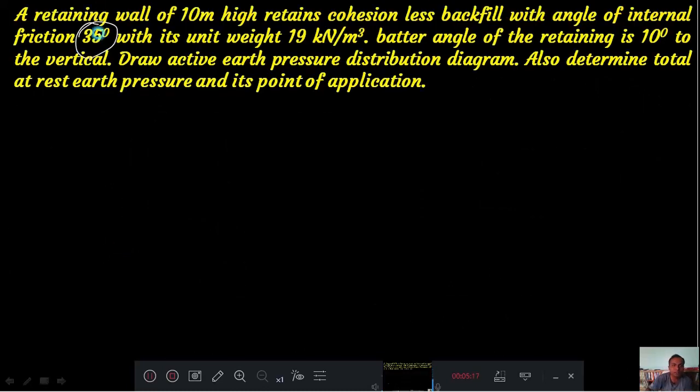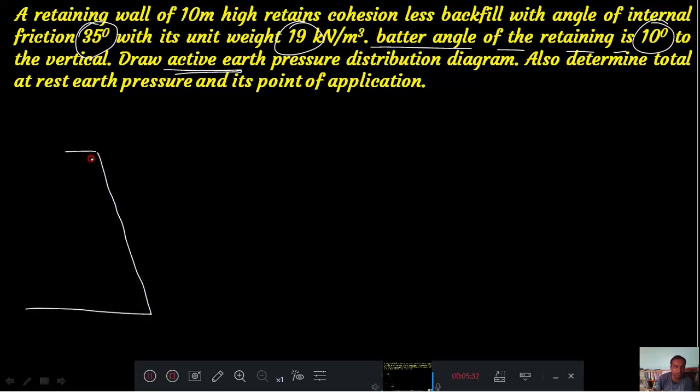This is the 35 degree and 19 kilonewton. Batter angle given here is 10 degree, and determine the active earth pressure. Okay, then we'll solve this problem. We'll consider the back of the retaining wall inclined, and this is your batter angle 10 degree.